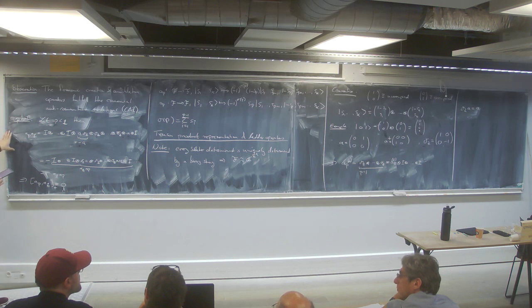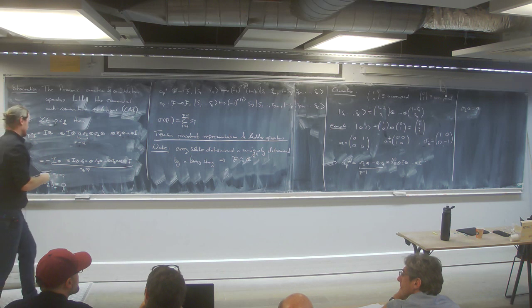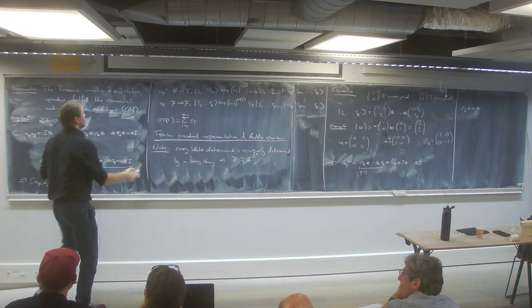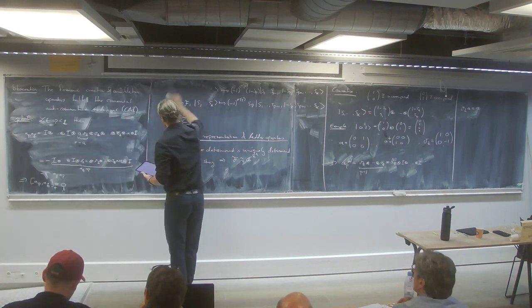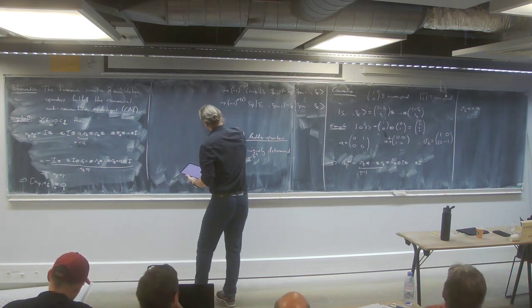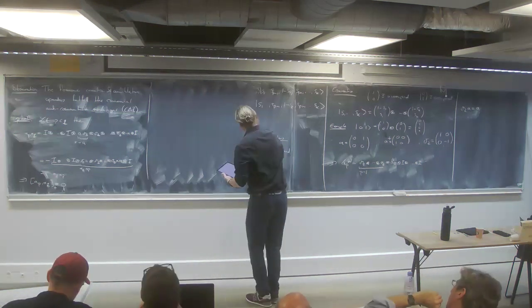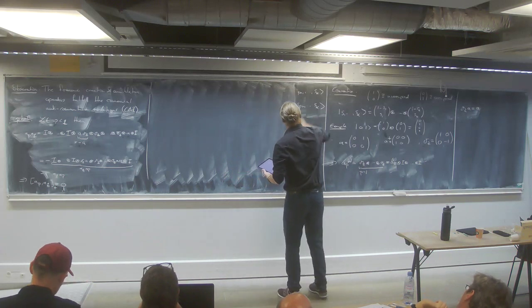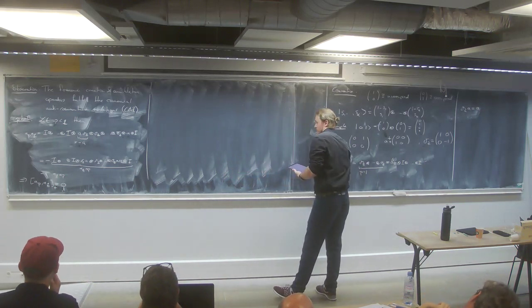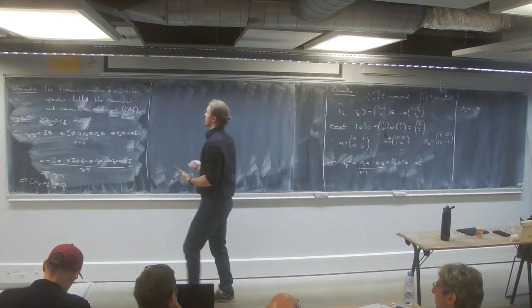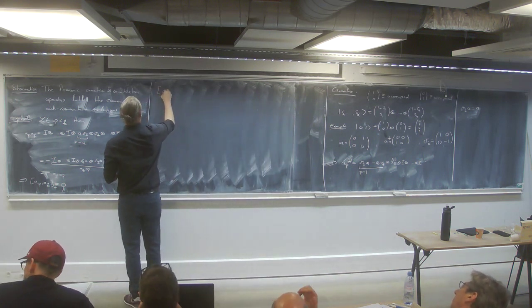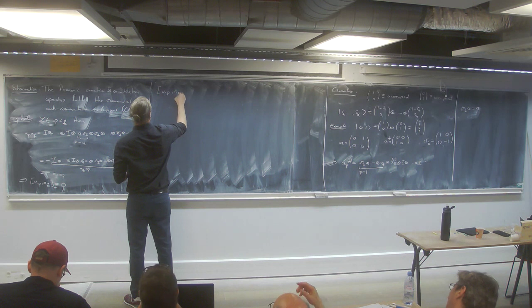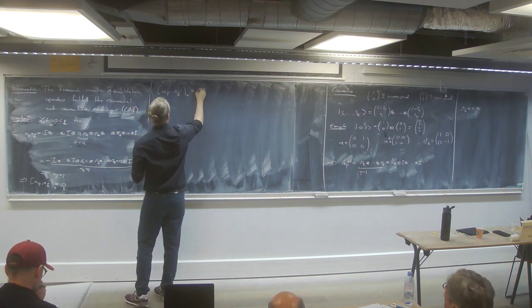So similarly, you can show that AP dagger, AQ dagger, also anti-commute. So what you will find is that AP, AQ equals 0.